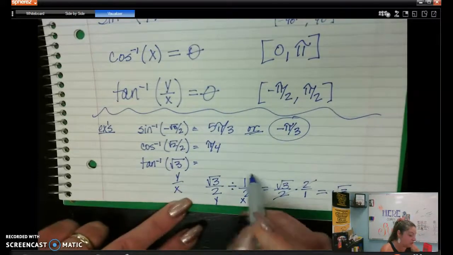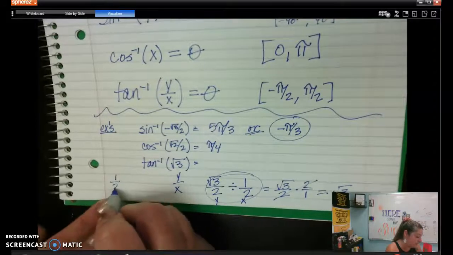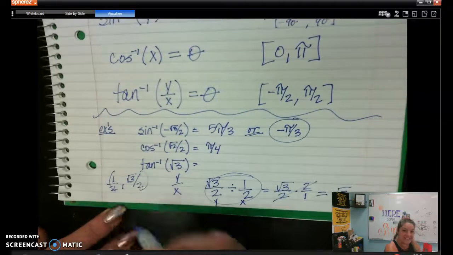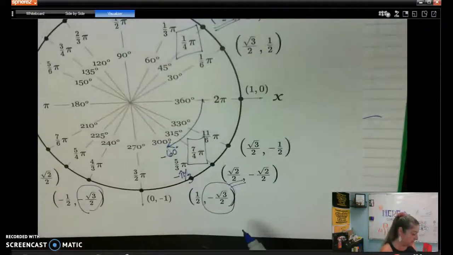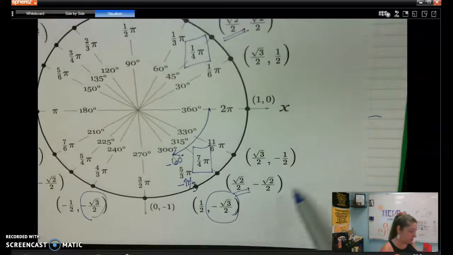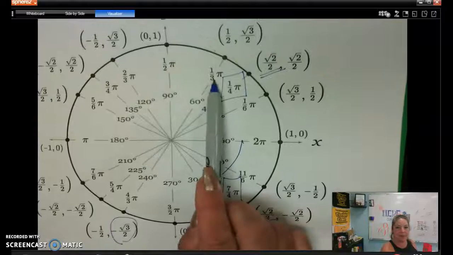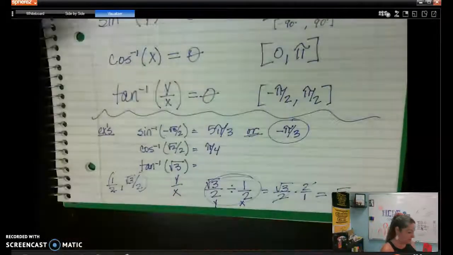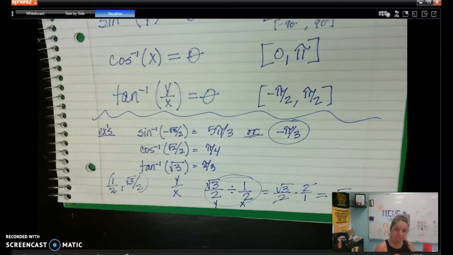So we are looking for the point where the x is 1/2 and the y is root 3 over 2. When does that happen? That is going to happen way up here, at pi over 3. And since I'm already in quadrant number 1, we use that angle, pi over 3.